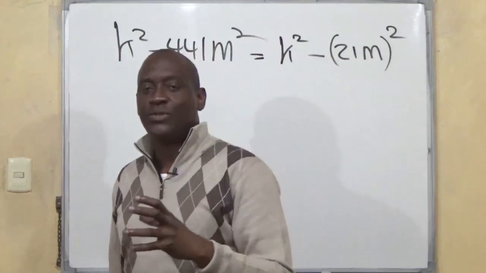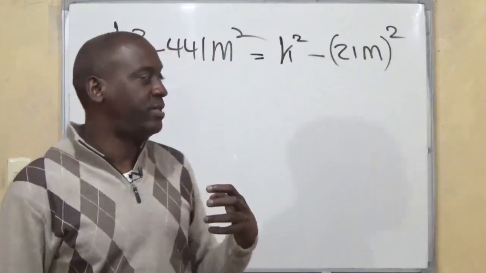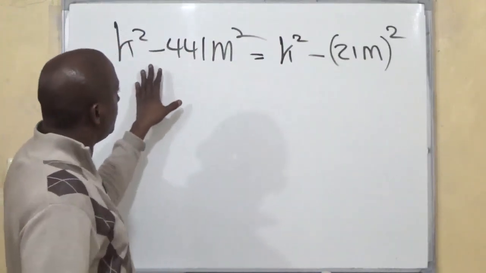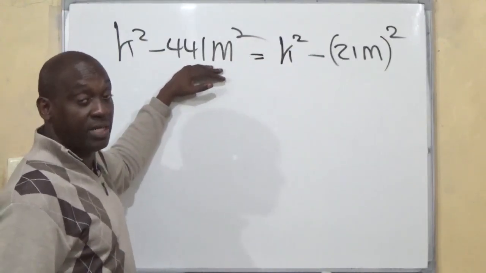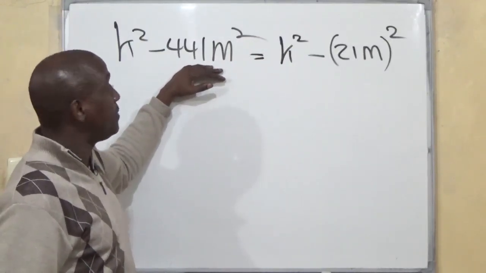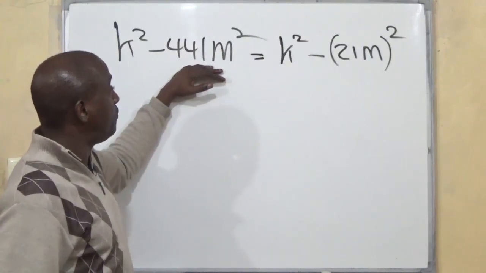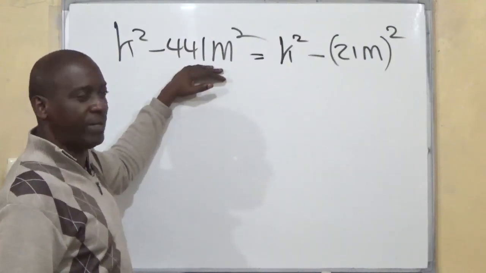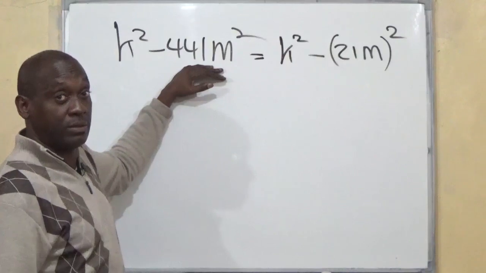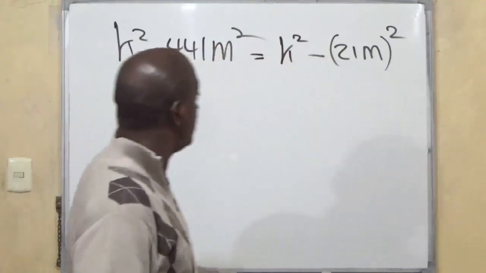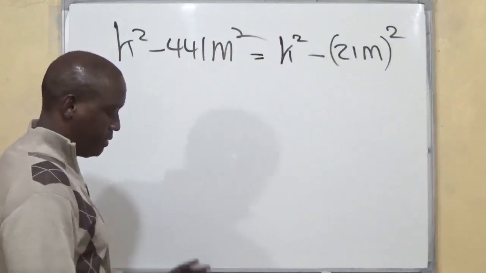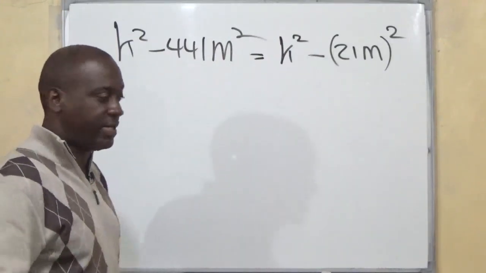Because now we need to know the exact expression that will be the square root of 441m squared. So even if you recognize that 441 is 21 squared, how do you go about writing it? Right? So remember, now I'm just taking a little sidetrack here.